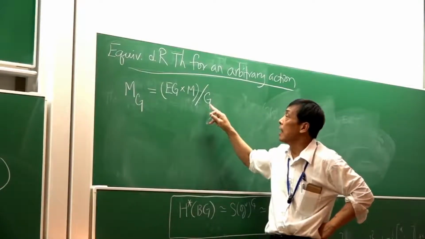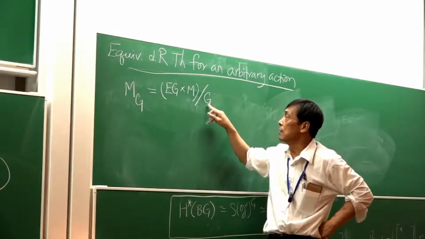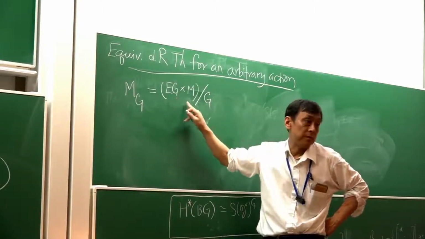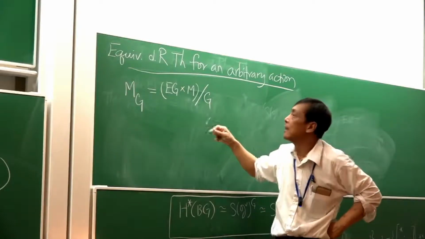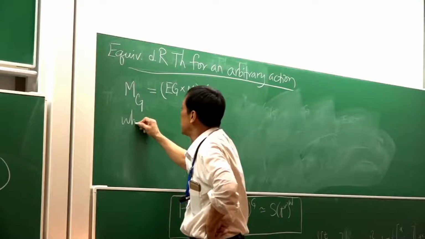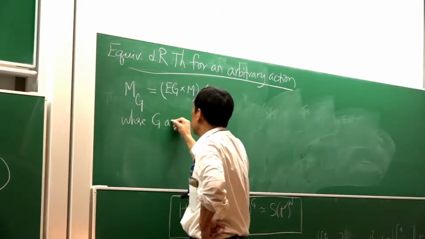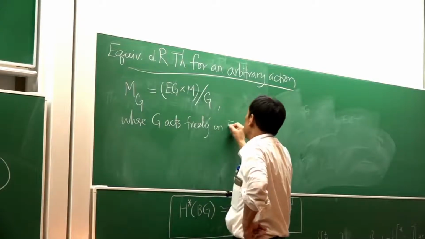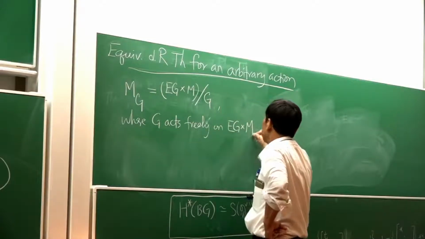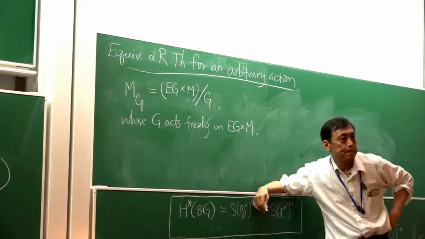So you have the group G acting on EG cross M, and that action is free, where G acts freely on EG cross M.